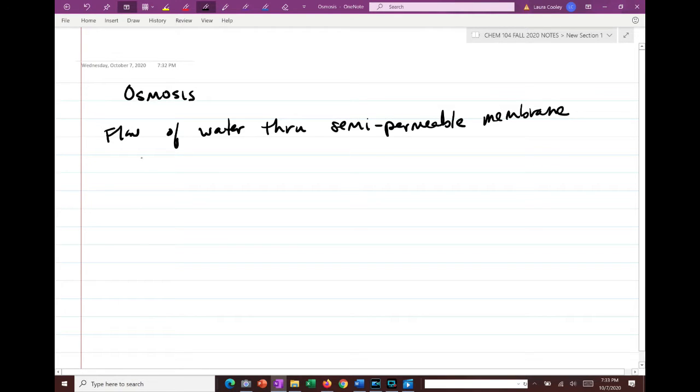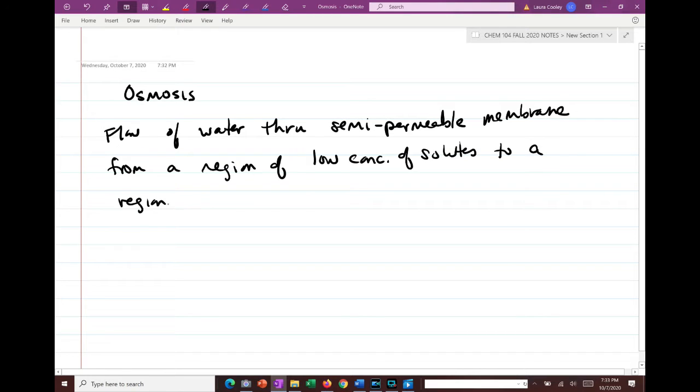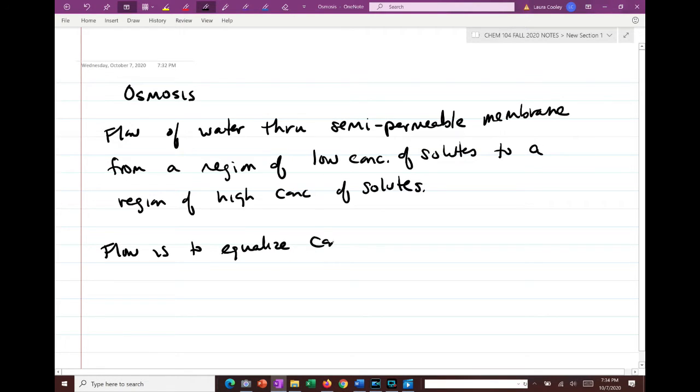So through a semi-permeable membrane from a region of low concentration of solutes to a region of high concentration of solutes. So the flow is really to equalize the concentrations on both sides of this membrane.